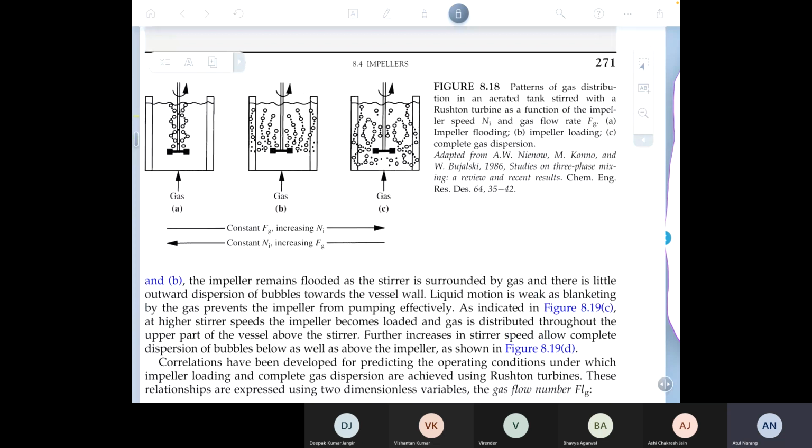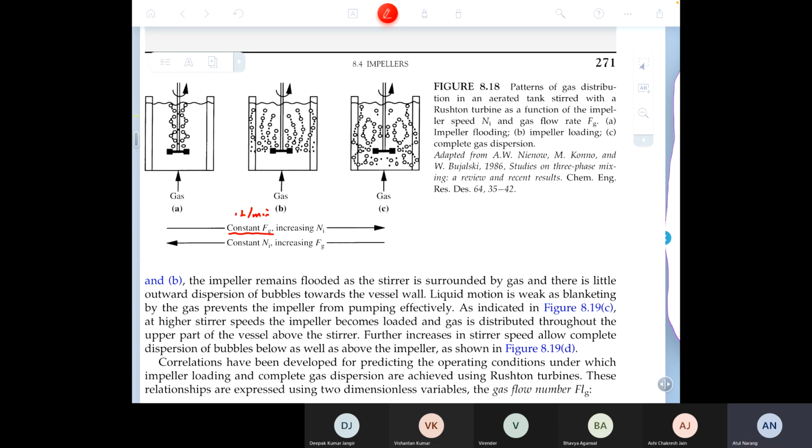So imagine first of all that you maintain a constant gas flow rate in a reactor. So you're pumping gas in through the sparger. Let's say the reactor has a volume of 1 liter, and you're pumping gas in at a constant flow rate. So you're keeping the flow rate Fg constant, say at 1 liter per minute, right?